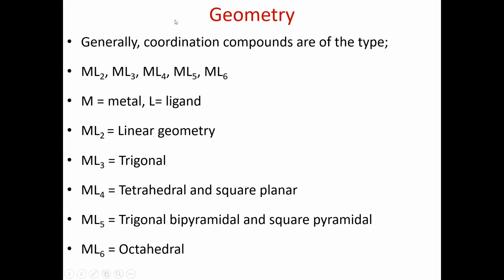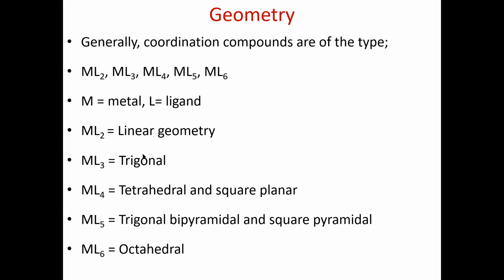So we look at the geometry of your coordination compounds. I'm sure we know most of this geometry. Your M here represents the metal, while the L represents the ligand. So for your ML2, that is linear geometry, which we saw in silver coordinated to ammonia.